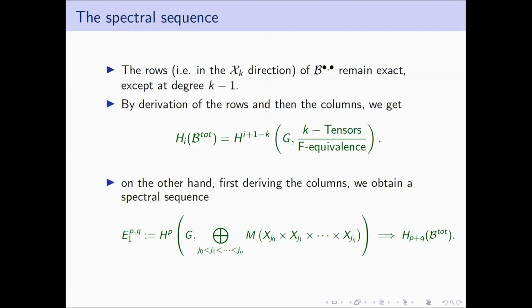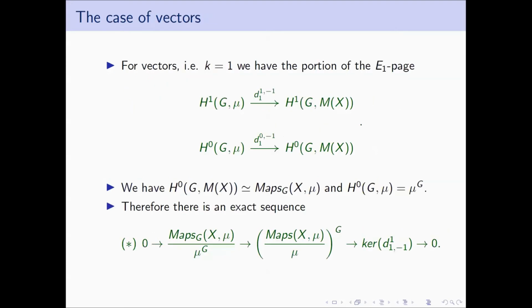Okay, but then we can derive it the other way around. We can derive first the G side, and then we get many groups, and then we derive them on the x side, and we get this horrible formula. And the only way to really understand it is to discuss some cases, because usually when people see it the first time, like myself, it looks like a lot of letters that mean nothing.